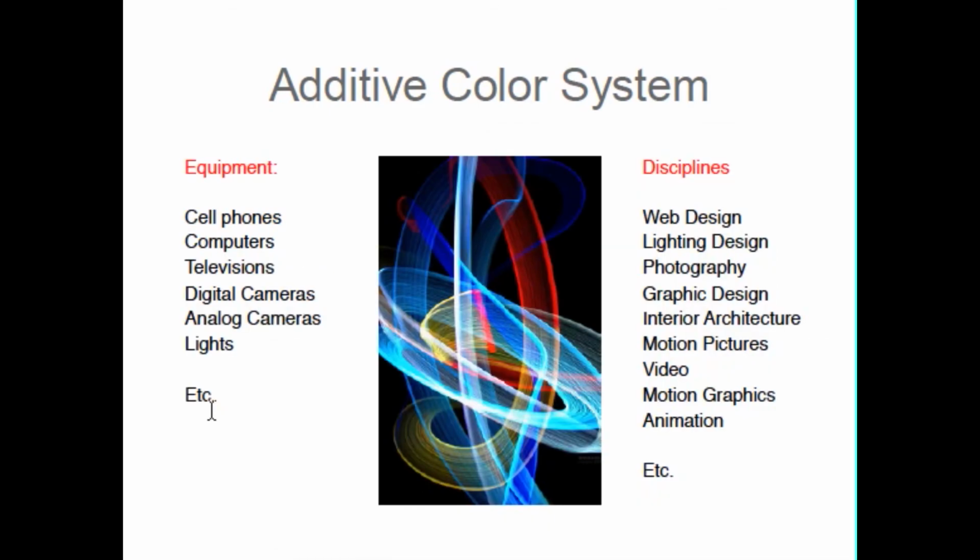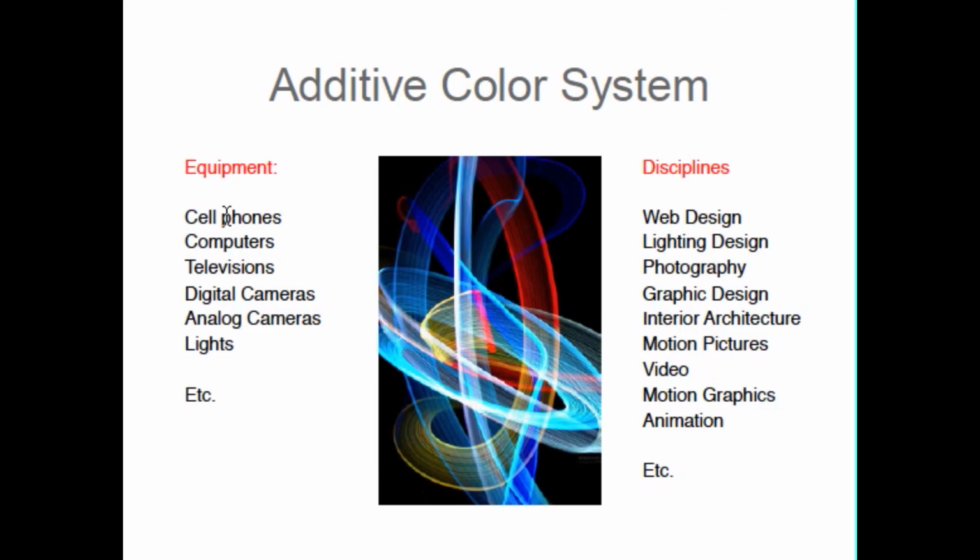The additive color system deals with your cell phone, computers, televisions, digital cameras, analog cameras, lights, stage lighting, and so on. As designers, since we now get to work with computers, we're dealing with the additive system on a daily basis. The disciplines that engage in the additive color system include web design, basic graphic design, photography, interior architecture, film, video, motion graphics, animation.